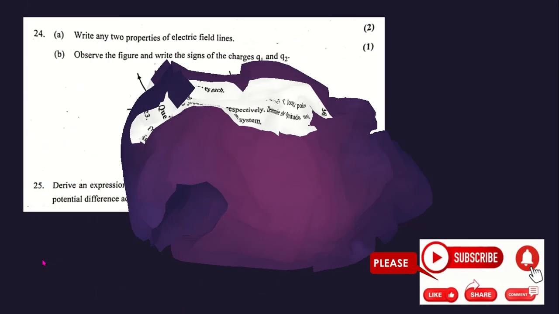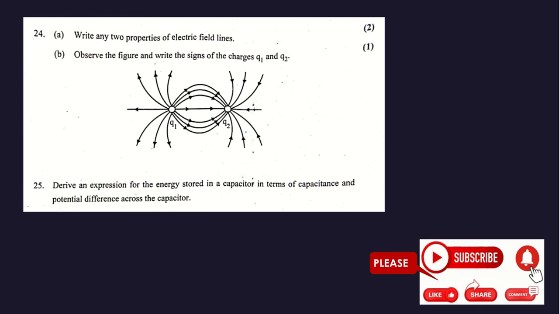So we can move to question number 24. Write any two properties of the electric lines of force. In the normal cases, they never form closed loops. Two, when considering electric lines of force, to find the direction of the electric field at a particular point, we have to just draw the tangent on it.